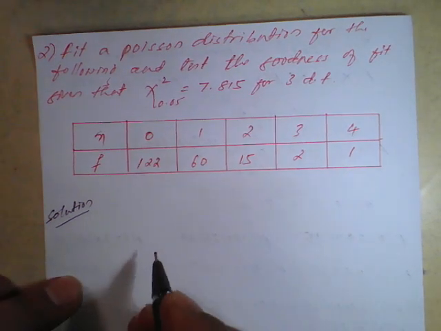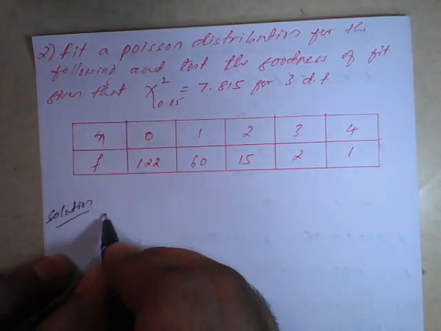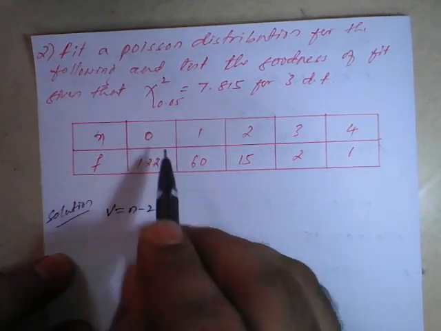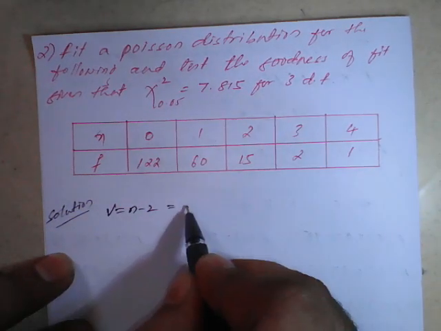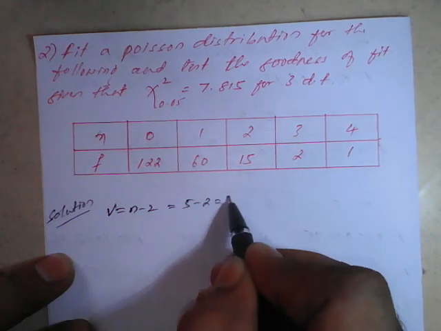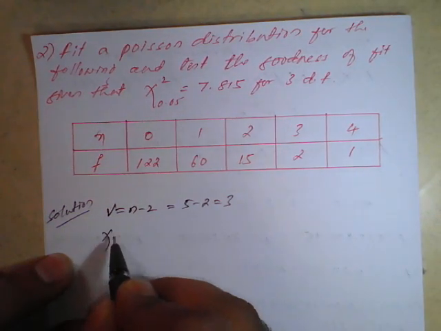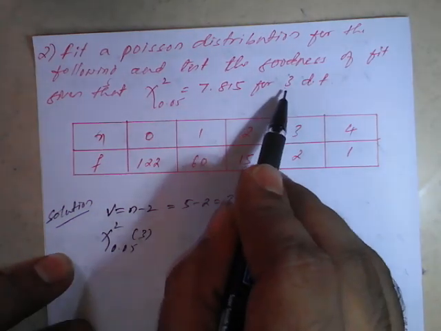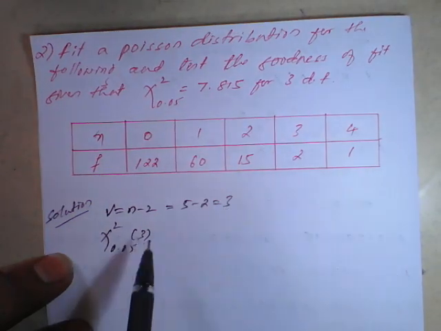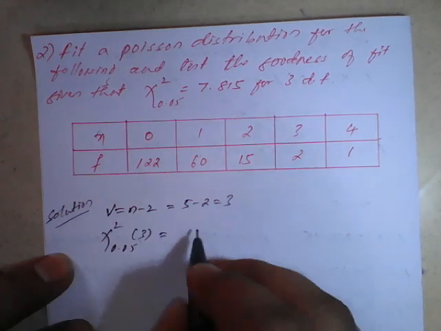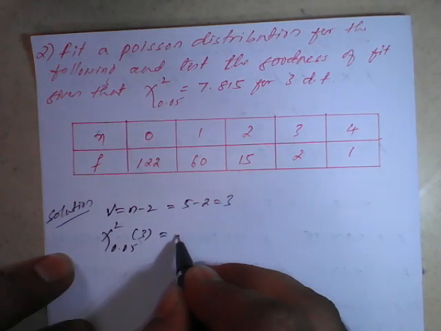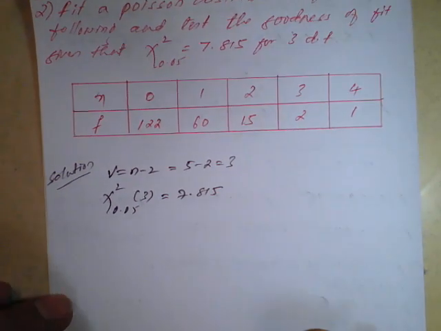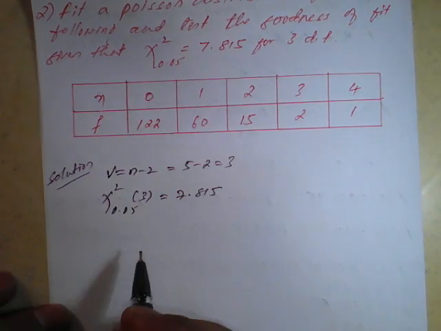And as we know, the degree of freedom in Poisson distribution is n minus 2, which is, you count it, 1 2 3 4 5, that is 5 minus 2 is equal to 3. And chi-square of 0.05 of degree of freedom, just see in the question also they have given degree of freedom 3 and we got 3 here. It is given already in the question itself as 7.815. Using these two we will finalize the hypothesis.